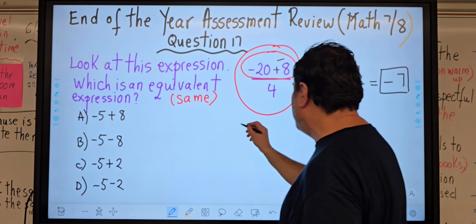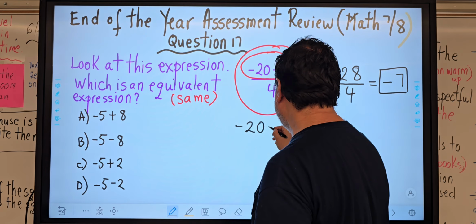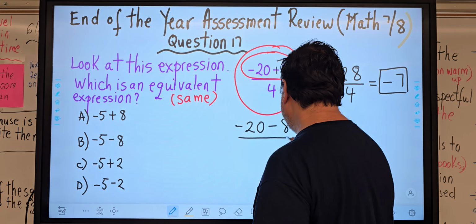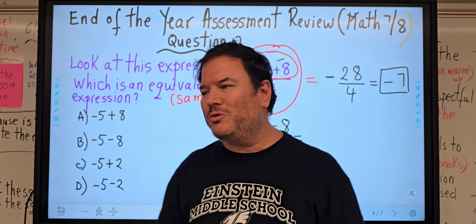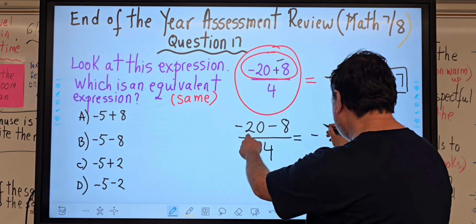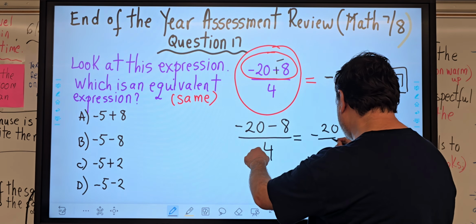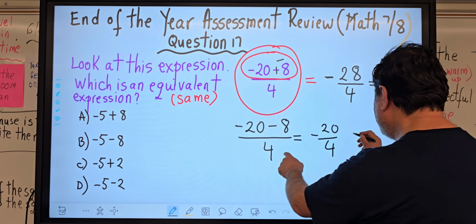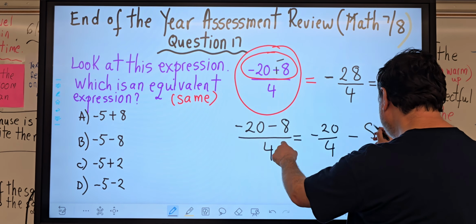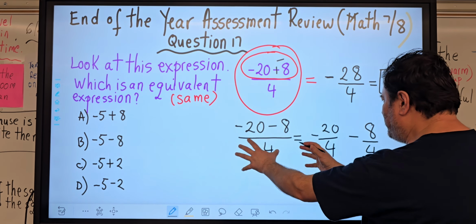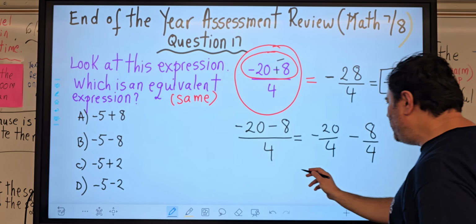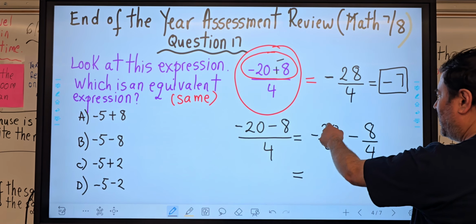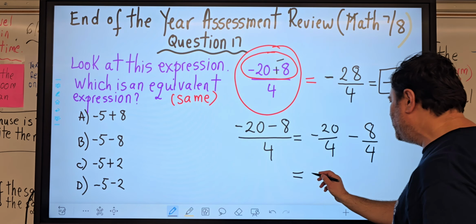Another way of doing this problem, for example, if we have negative 20 minus 8 divided by 4, we can also break this down. We can decompose this into negative 20 over 4, and then minus 8 over 4. Those are equivalent, right? And now probably it's a little bit easier for you because negative 20 divided by 4 becomes negative.